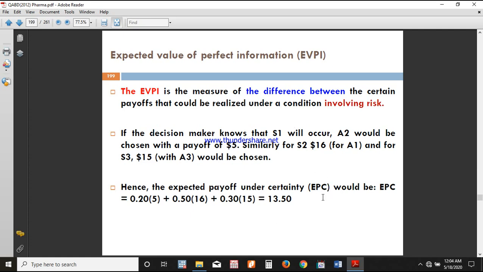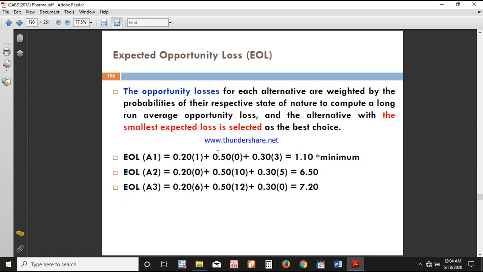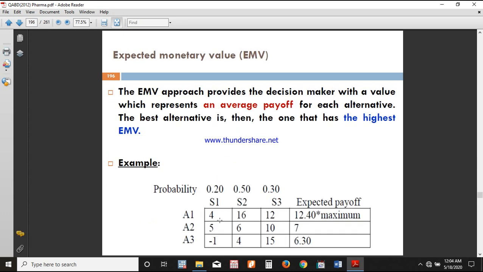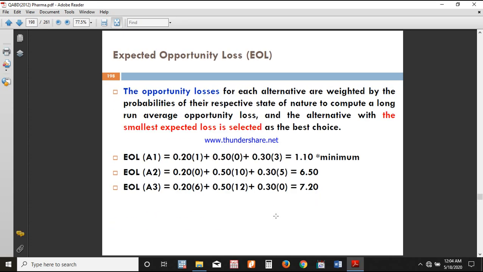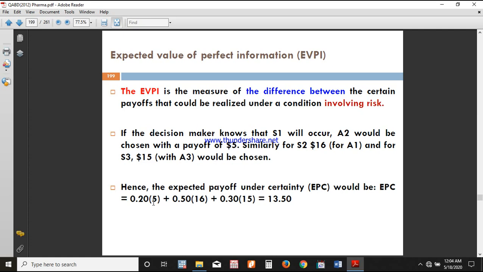EPC refers to the expected payoff under certainty. To find the EPC, you find the highest value from each column. In the first column, the highest value is 5. In the second column, the highest value is 16. In the third column, the highest value is 15.